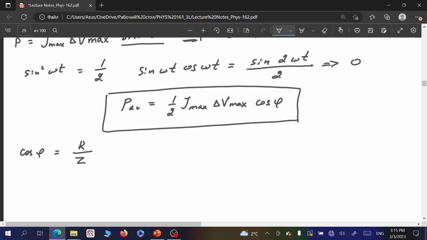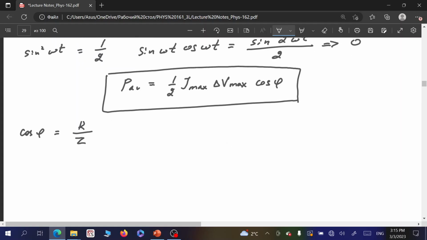So now taking this into account, we can proceed further. Probably before we go further, it is also quite convenient to express average power in terms of RMS values, so root mean square values.